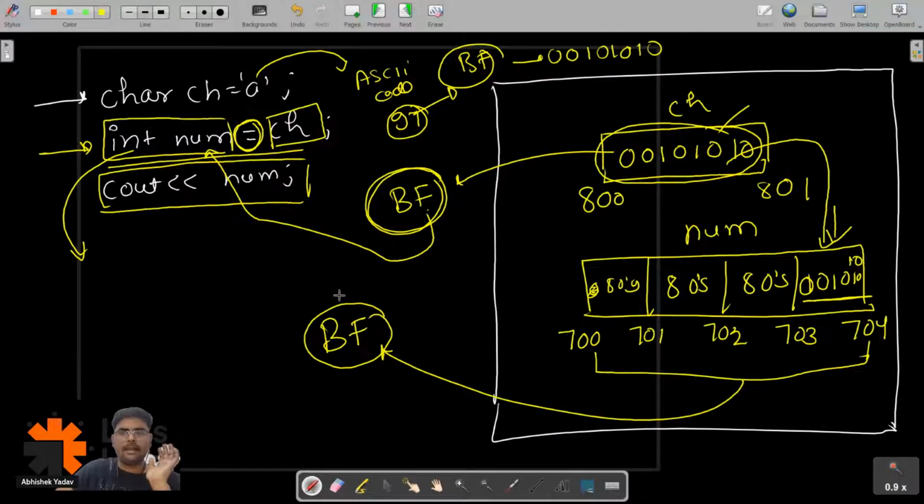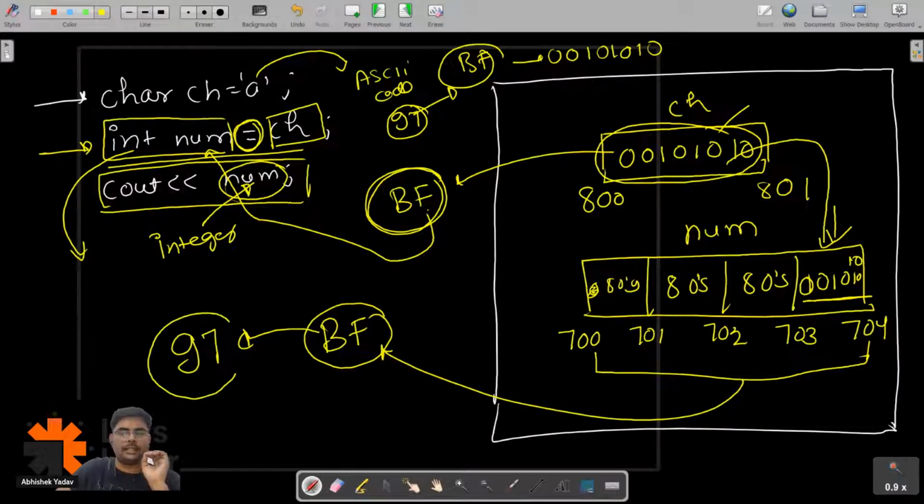After that, the compiler will see the data type of this variable. The data type of this variable is integer. So the compiler will convert this binary format data to integer format, and we know the integer format of this is 97. So 97 will get printed on the output screen.